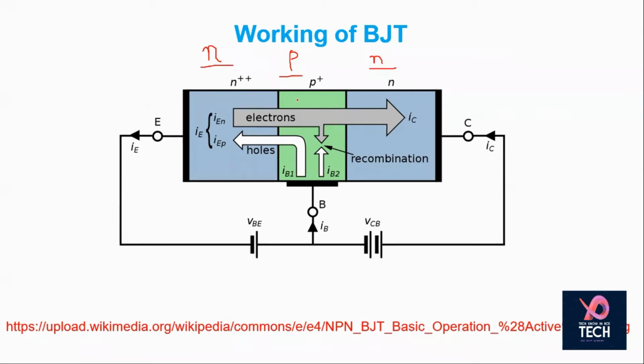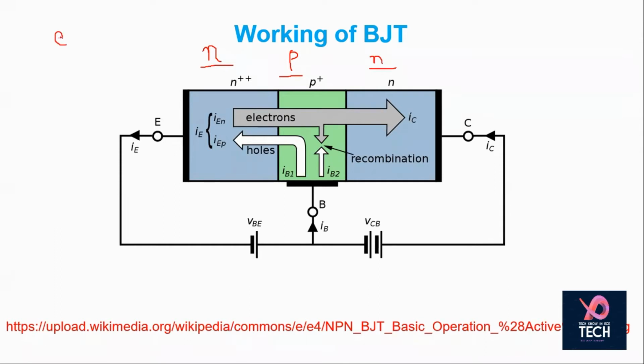Okay, so now we are going to discuss the exact working, because BJT is mostly used in the active mode of operation. When we talk about a material as N type, the majority carriers are electrons.